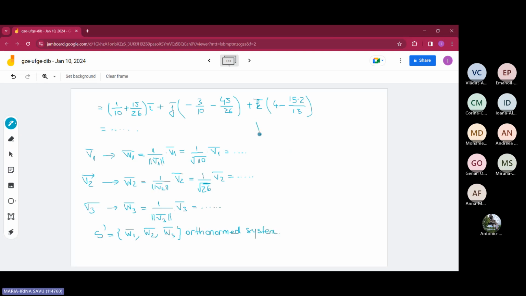But after you find v3, make sure that v3 is perpendicular to v1, so compute this dot product, and also compute the dot product between v3 and v2 to make sure that v3 is perpendicular on v2. So after you find this vector, please make these computations to check if v3 was found correctly. Okay, and after that you find w1, w2, and w3.